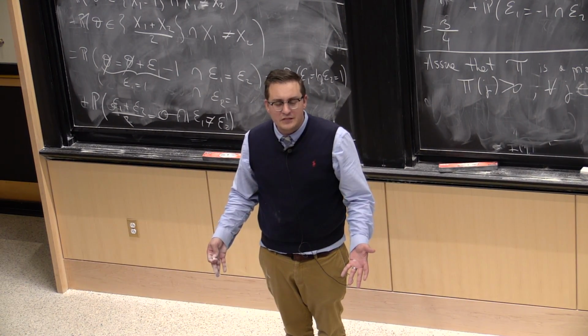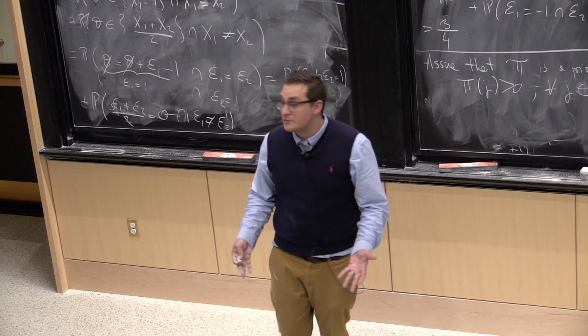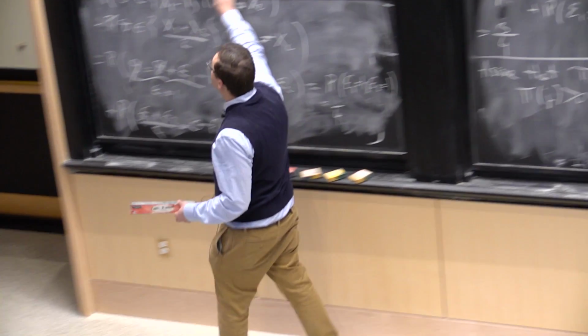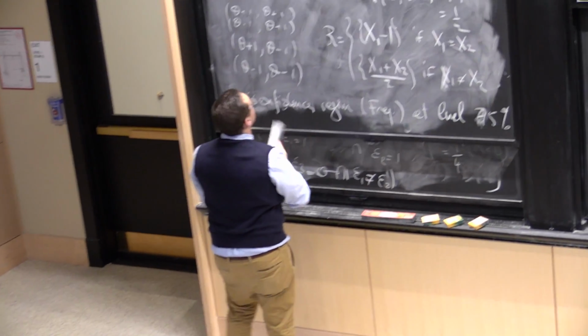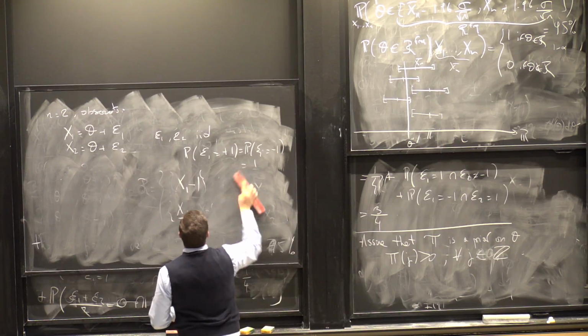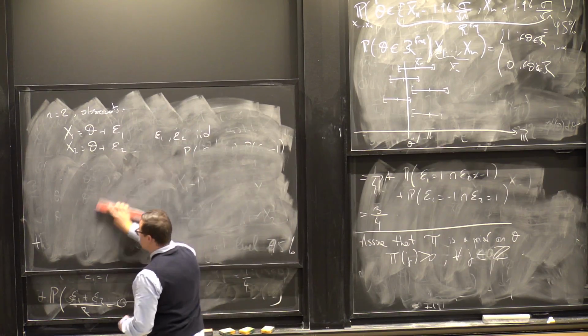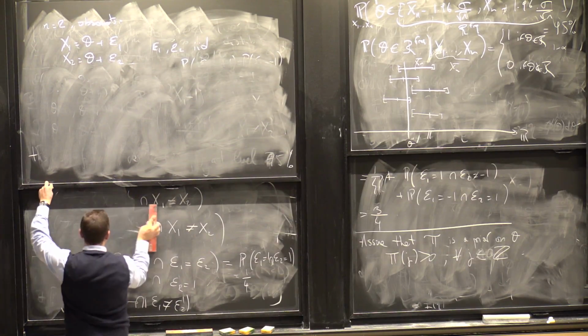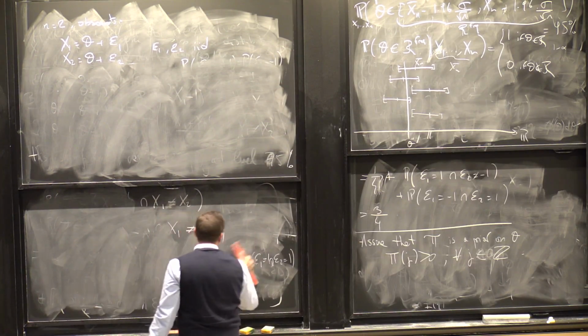If I want to build a Bayesian confidence region, I need to understand what my posterior is going to be. And if I want to understand what my posterior is going to be, I actually need to build a likelihood. So we know that it's the product of the likelihood and of the prior, divided by a normalization.